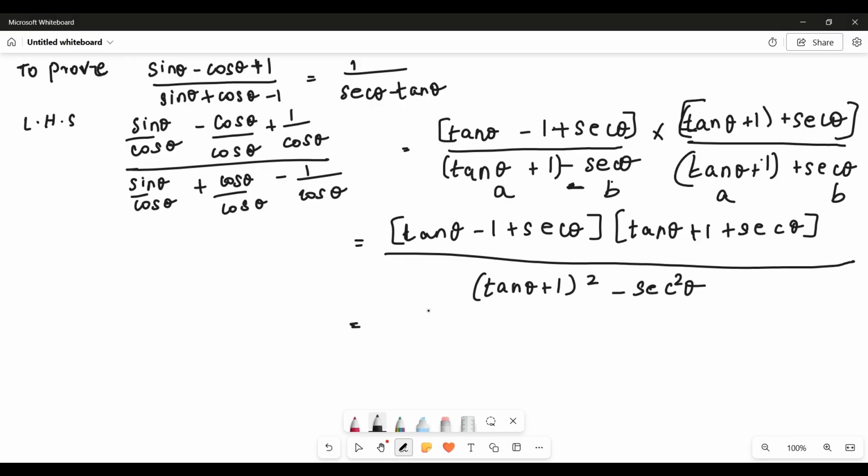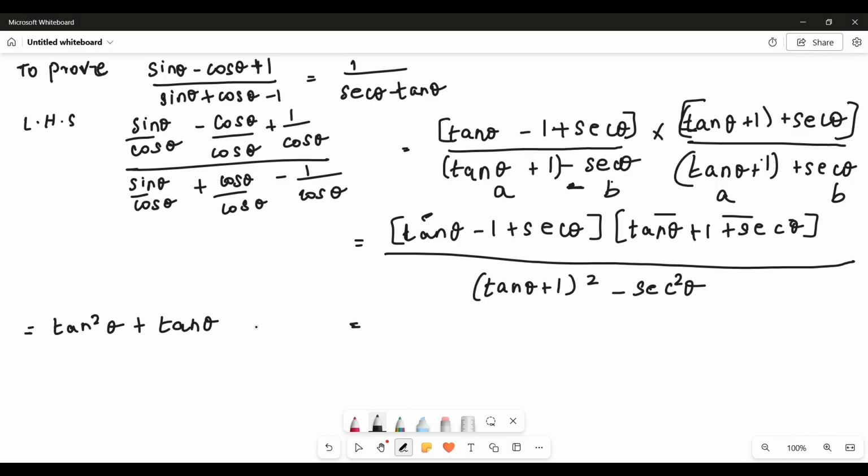So let me expand the numerator now. Since it is big, first let me multiply this tan with all the terms over here. So tan theta times tan theta becomes tan square theta. Tan theta times 1 becomes tan theta.